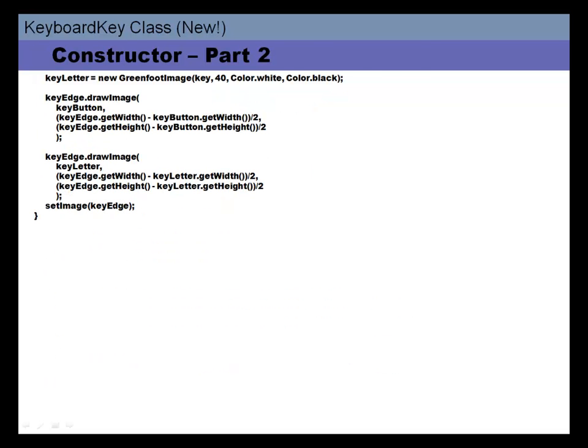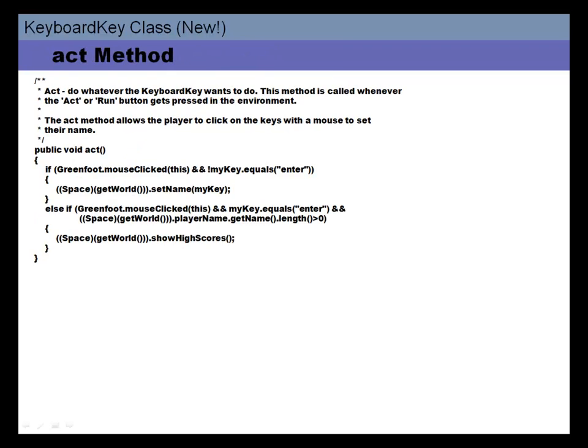Next, after the else condition, the key's letter is drawn. Then the key button image is drawn on keyEdge, the letter follows, and keyEdge is set as the object's image.